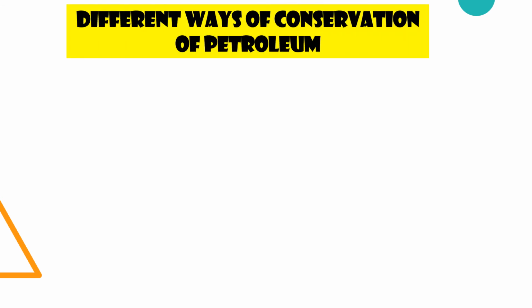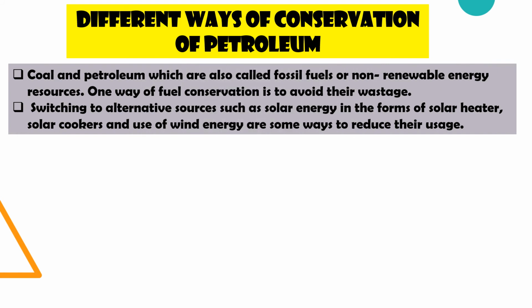What are the different ways of conservation of petroleum? Coal and petroleum are also called fossil fuels or non-renewable energy resources. One way of fuel conservation is to avoid their wastage.